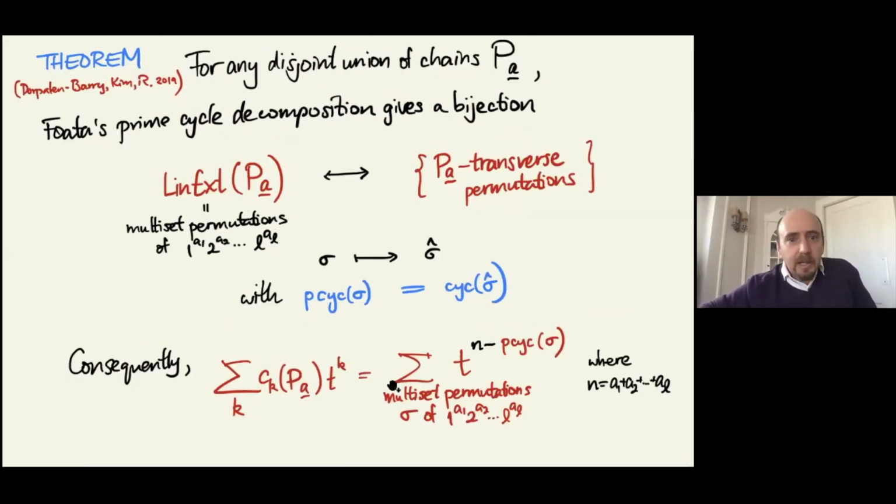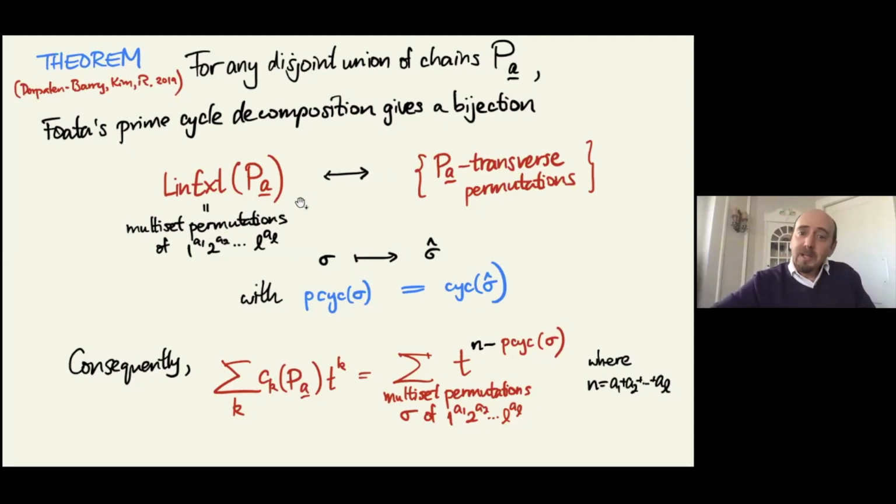And then you reinterpret Foata's main theorem. And what you can think about it is he's really giving us, for linear extensions of disjoint unions of chains, and we identify those with multiset permutations, his bijection, his factorization, bijects them with those things I was calling the transverse permutations, the things whose cycle sizes interpreted the Whitney numbers.